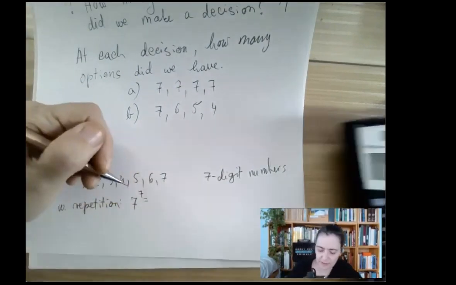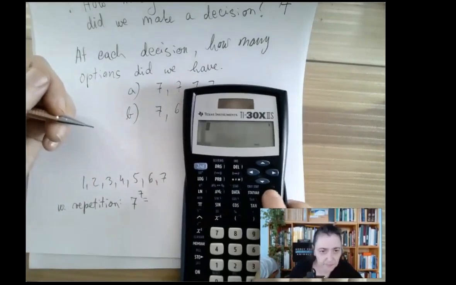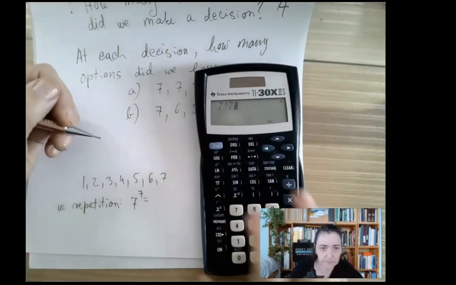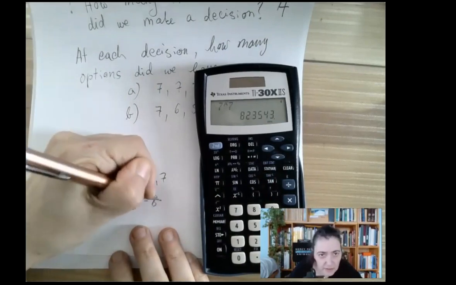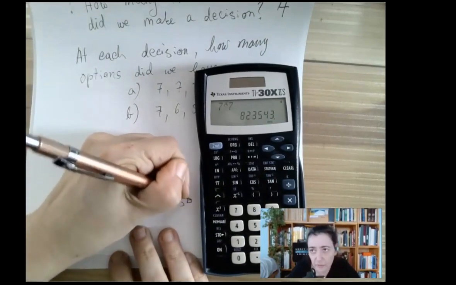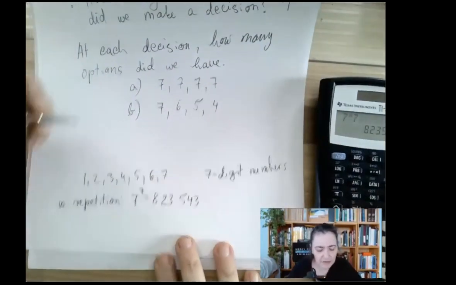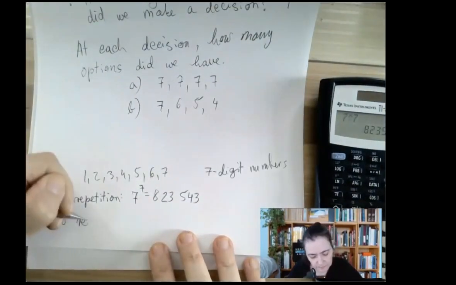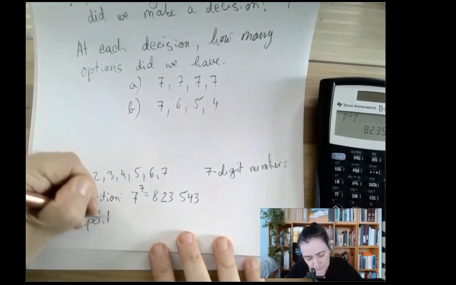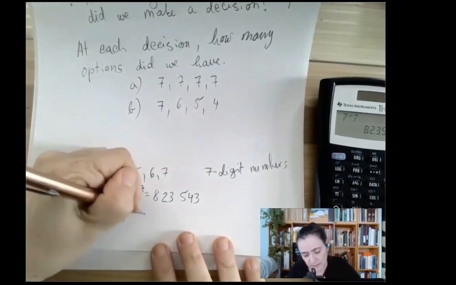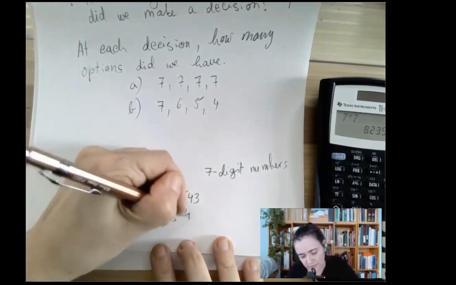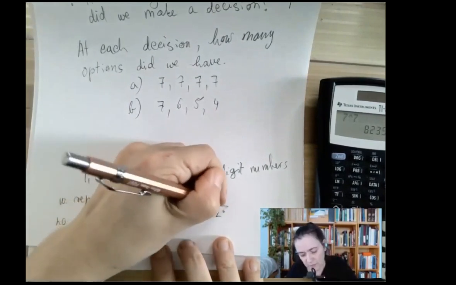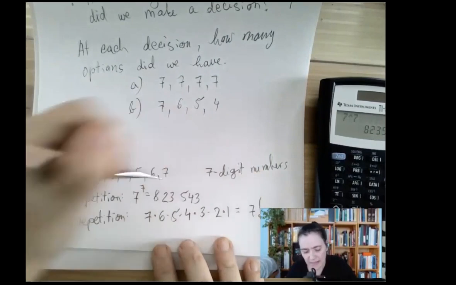That's a pretty big number, I imagine. Yeah, almost a million. 823,543. And with no repetition, it is 7 factorial. 7 times 6 times 5 times 4 times 3 times 2 times 1.